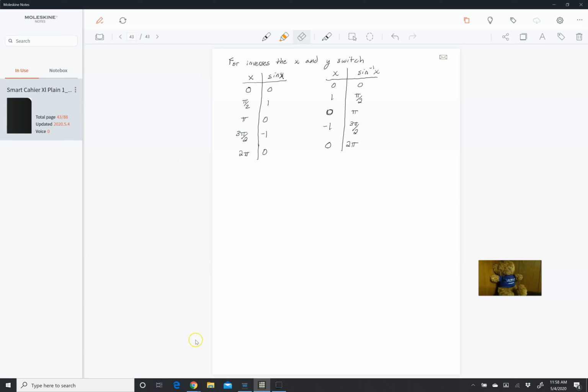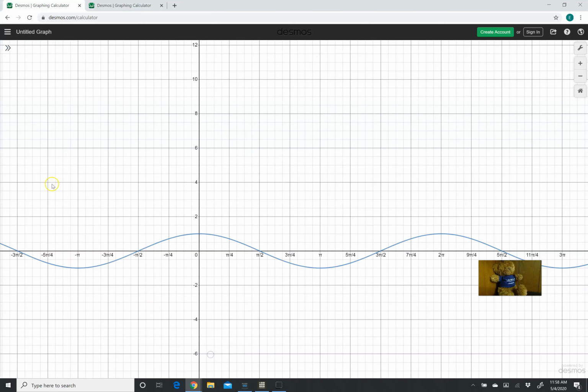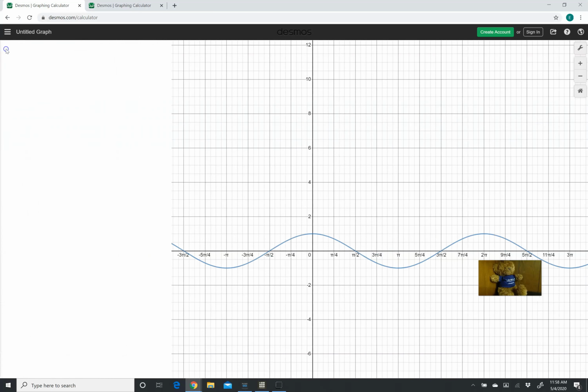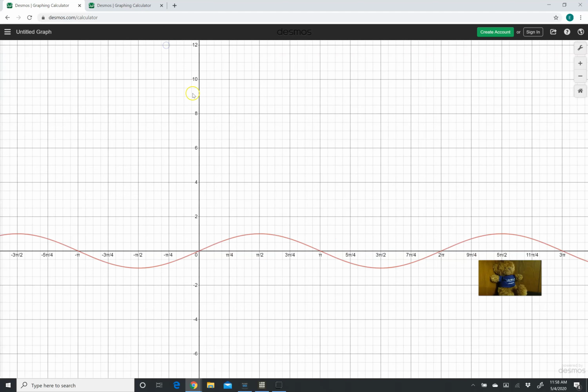Okay, so let's take a look at that graph. So let's go to the sine graph. What we're doing is we're taking this graph and we're reflecting it in the line y equals x. But if you look at the sine of x, you're going to notice this is not 1-to-1.